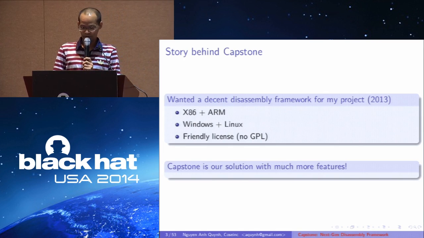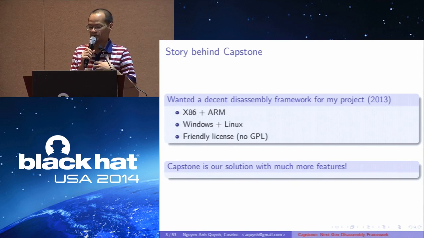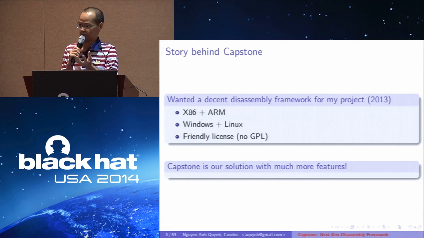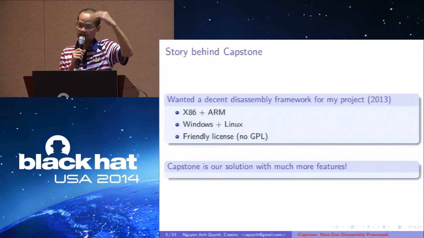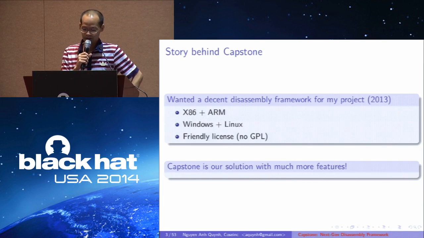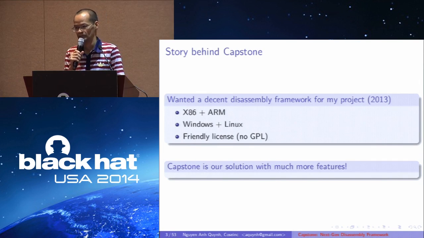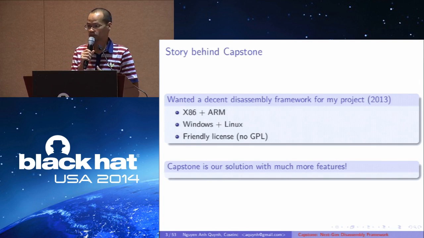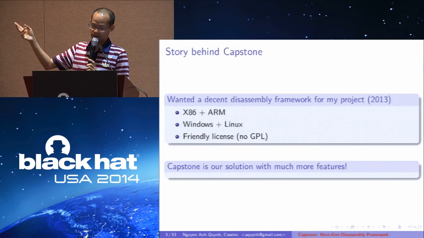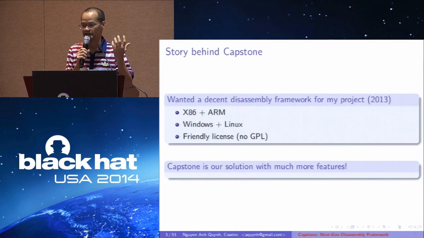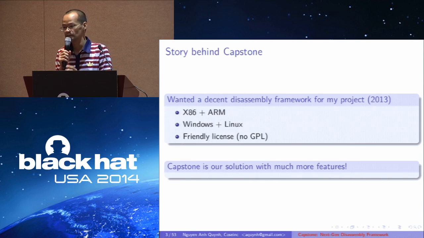So what I wanted was to find some disassembly framework for my project, because I need to reverse from binary to assembly. After that, my tool needs to do analysis on that. So I want something that can disassemble x86 and ARM. The second requirement: I want something that runs on Windows and Linux. Simple, two requirements, right? And finally, I want something that has a friendly license. I don't want GPL.